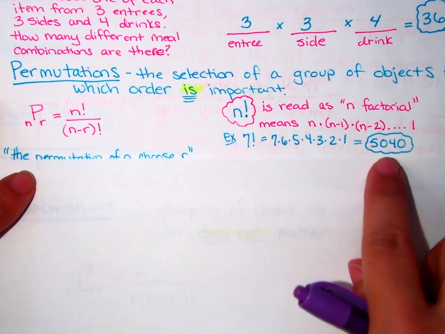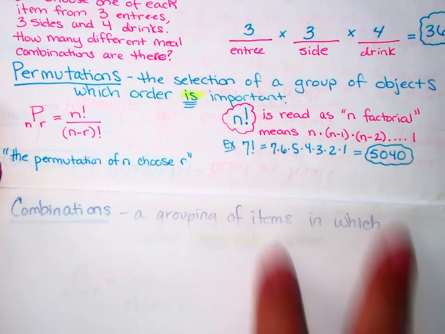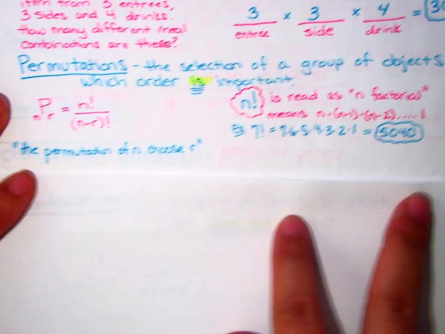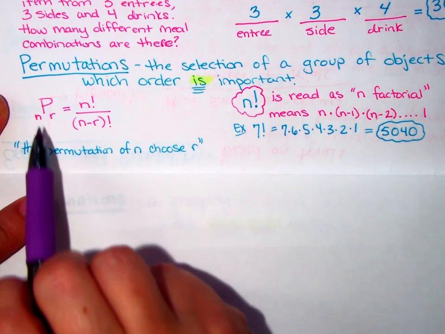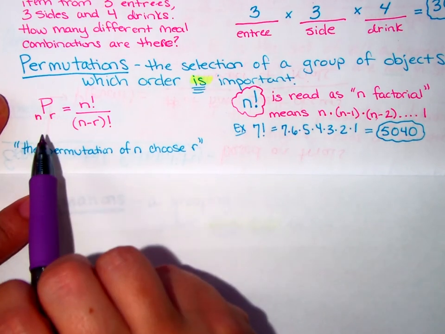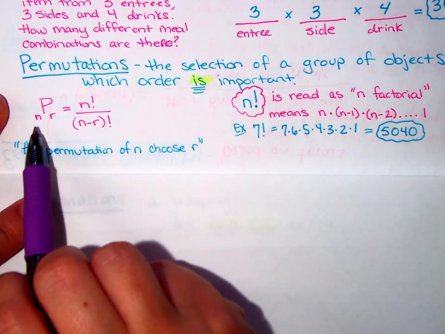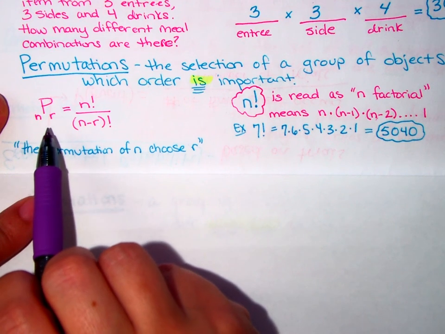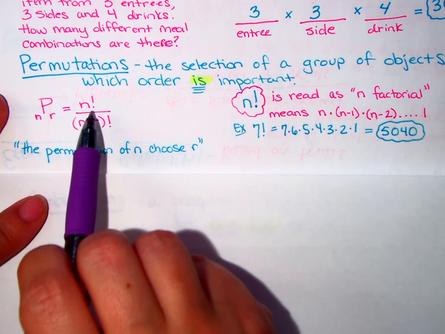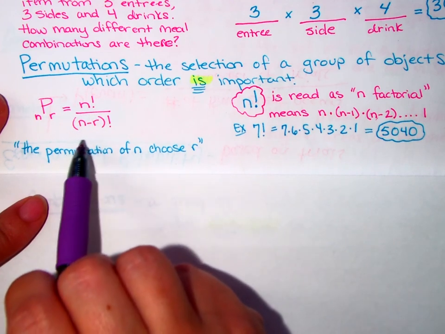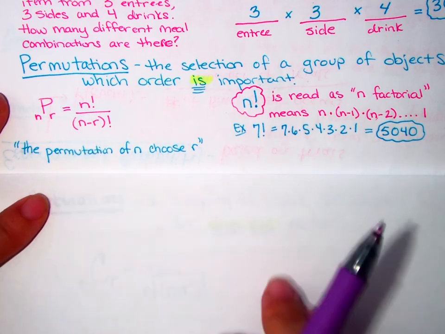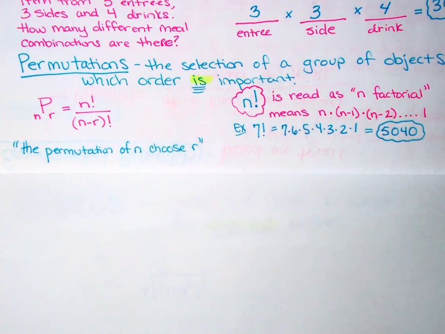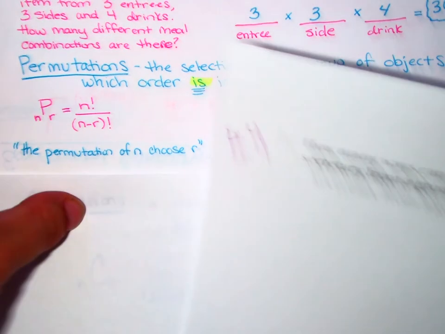With the permutation, we write it just like this. Our n represents all of our choices, and our r represents what we want. So n factorial over n minus r factorial. Let's look at an example, and hopefully it will start to make sense.